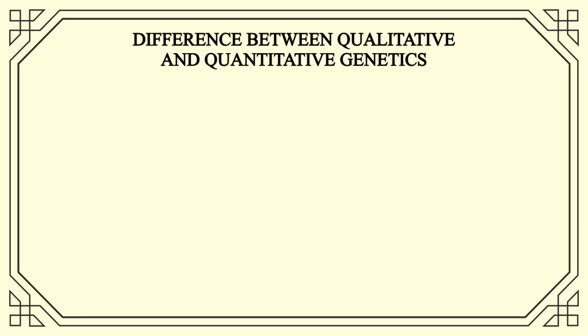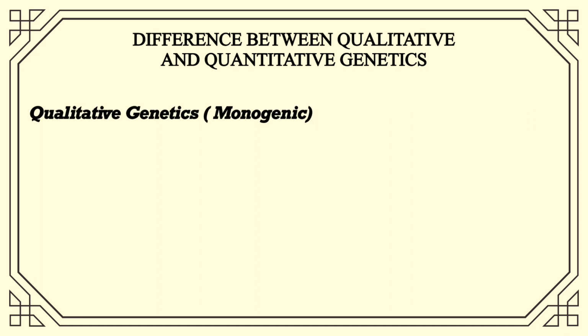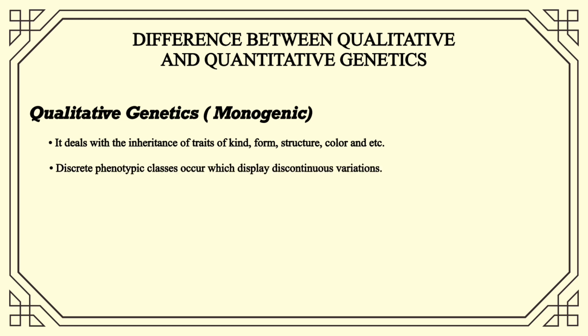In the difference between qualitative and quantitative genetics, qualitative genetics deals with the inheritance of traits of a kind, form, structure, and color. Discrete phenotypic classes occur which display discontinuous variations.